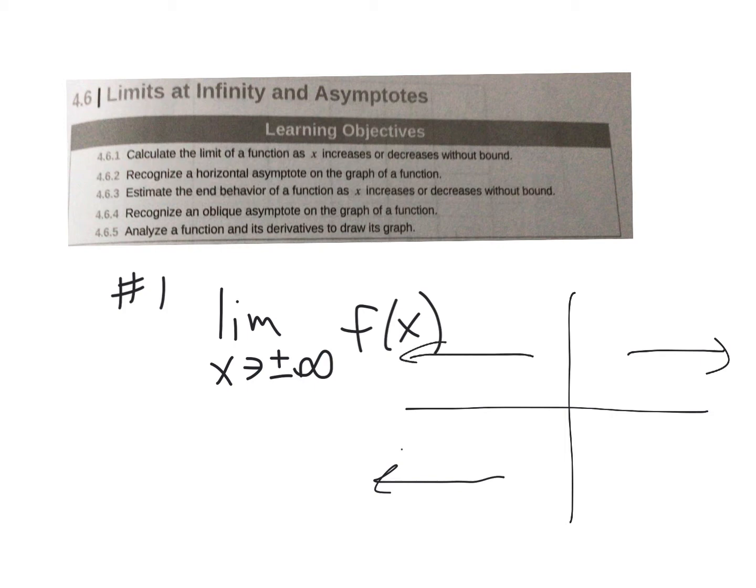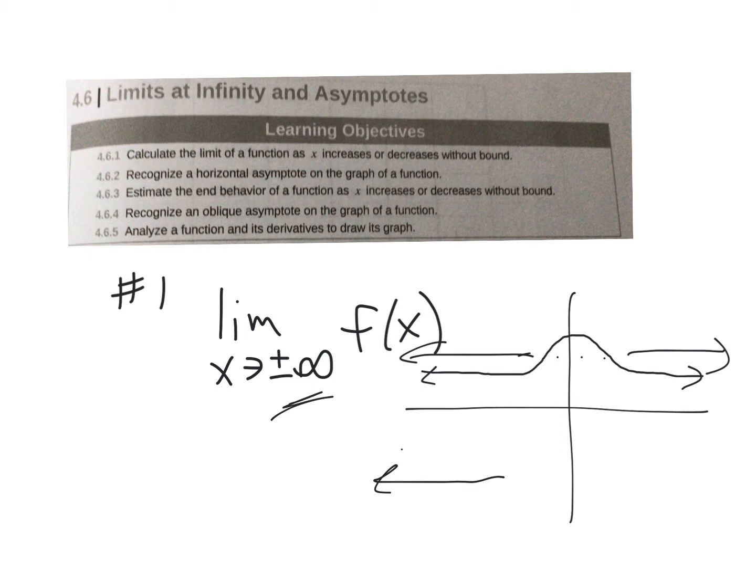Folks get a little confused: if I've got this horizontal asymptote and the function goes above it and then comes back down below it, it's okay if the function crosses the line that's the horizontal asymptote, because anything can happen in the middle. We're really only concerned about what happens out at positive infinity and negative infinity.